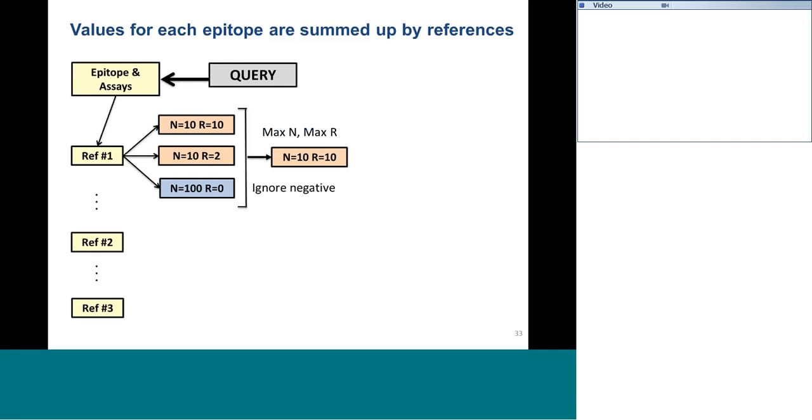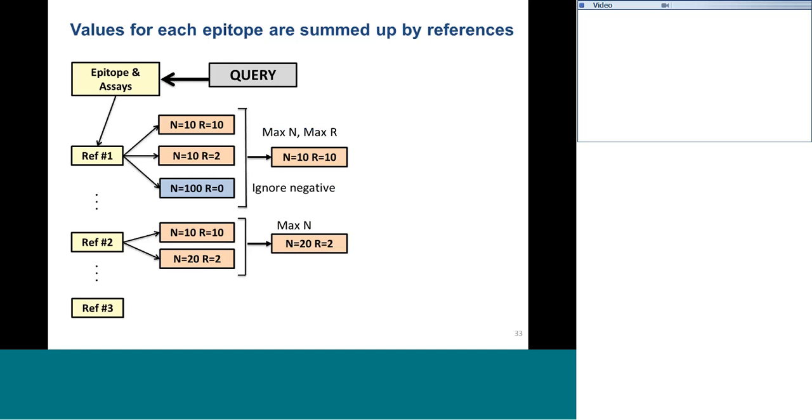We focus on the assay which shows the maximum N and maximum R number. For example, in another reference, 2 different assays were reported, and we take the one with the maximum N number, and R will be from the same assay.